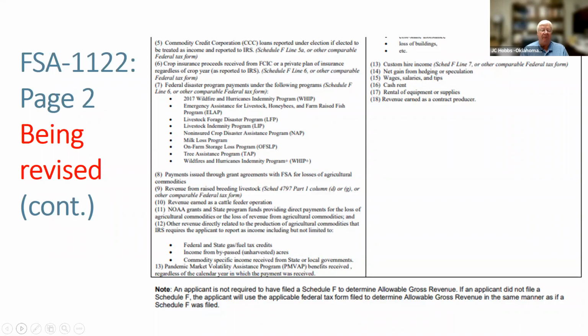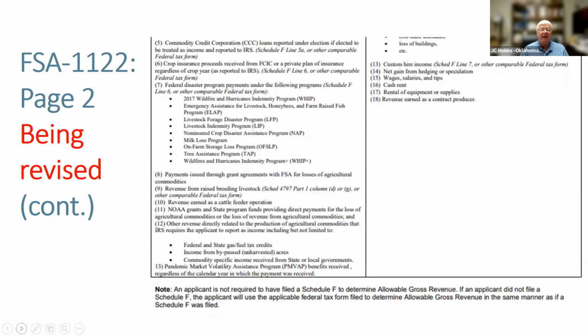Now, something to remember, and we had a discussion with USDA on this, some of our folks that were helping provide guidance to us when we were putting this presentation together. Some of the things that we know, for example, the ERP program, you may receive that payment early or before you file this return or information.